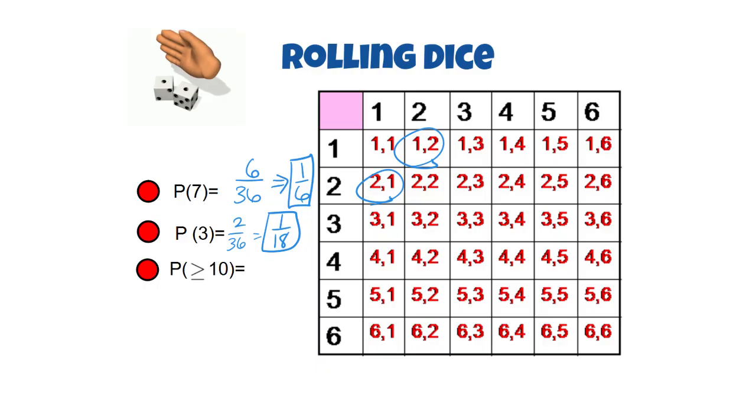What's the probability that it's greater than or equal to 10? All right, so that means a 10 or an 11 or a 12. So here are my 10s, here are my 11s, and here's my 12. So there's 6 ways of doing that. So again, we have that 6 out of 36, which reduces to 1/6.